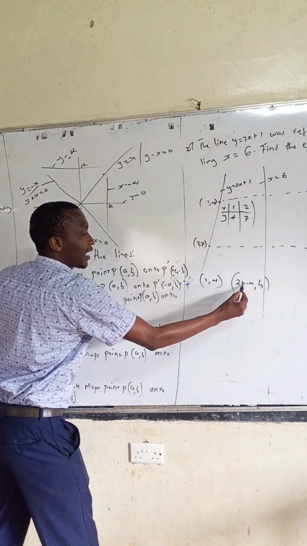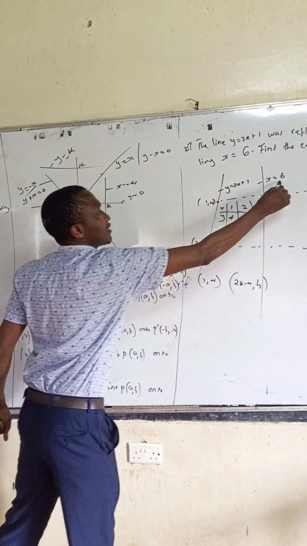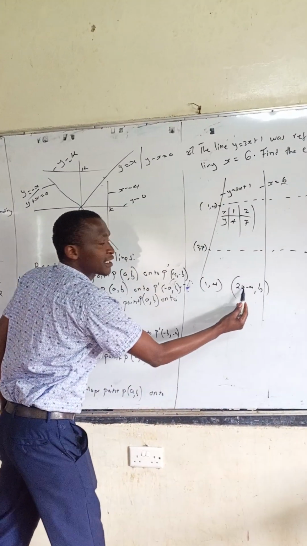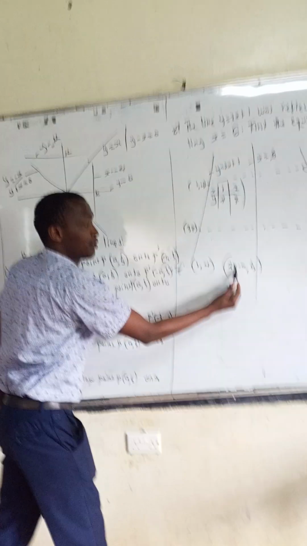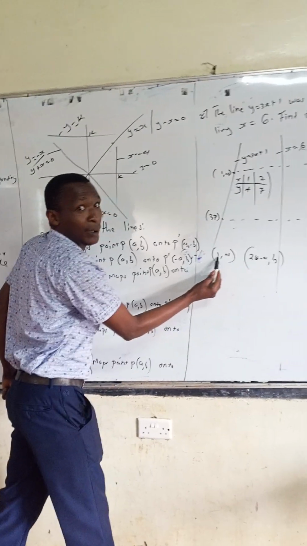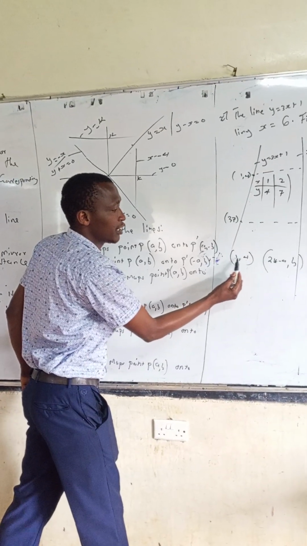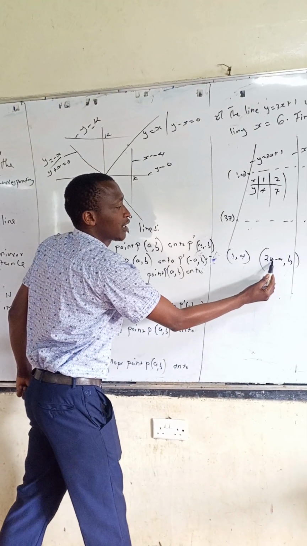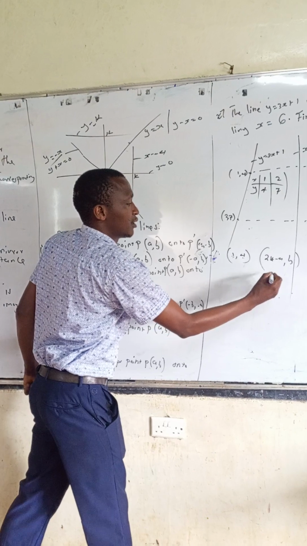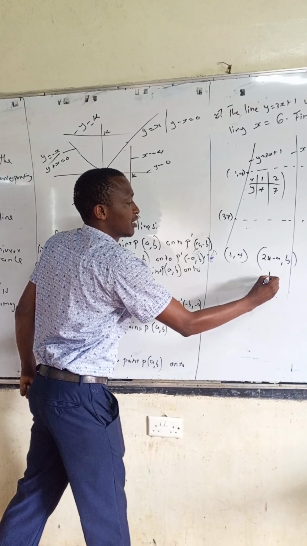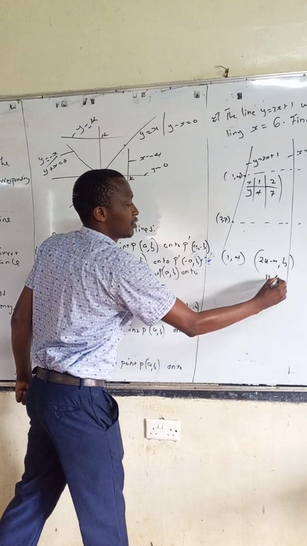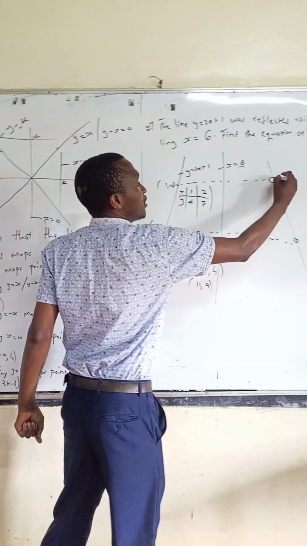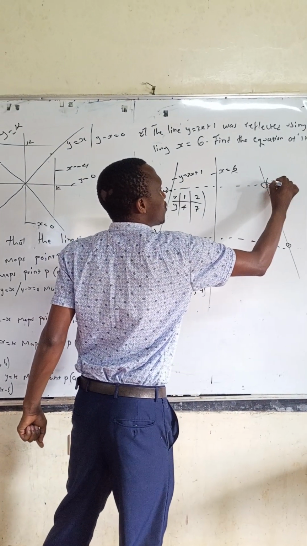So 2k, where in this case our k is 6, so it will be 2 times 6, which is 12, minus a. A was 1, b is 4. So 12 minus 1 will be 11, and then b. So the coordinates of this image will be 11, 4.